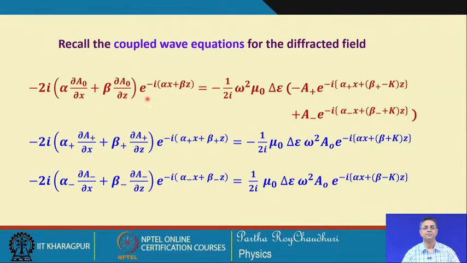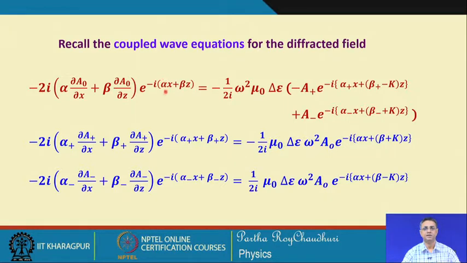So, the basic set of three equations which we have seen starting from the coupled mode equations: A0, the amplitude of the incident wave, is connected to the amplitudes of the plus order and minus order diffracted waves. Here the phase of the incident wave is given by alpha x plus beta z.